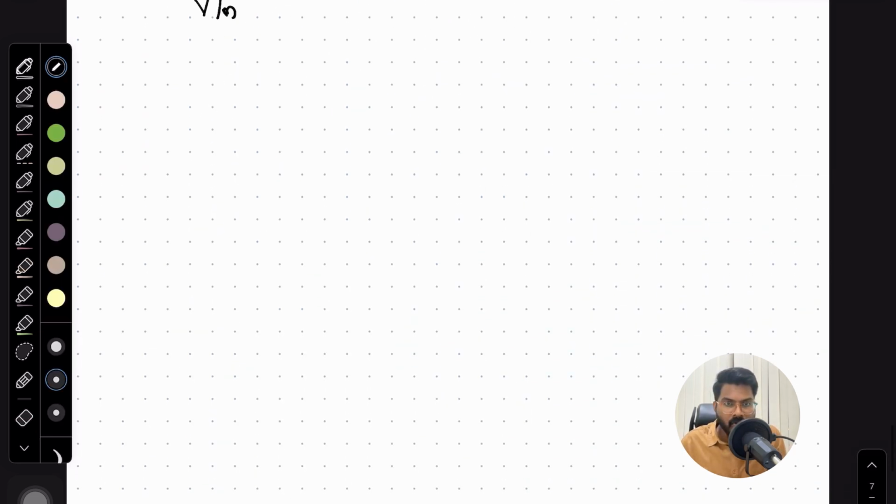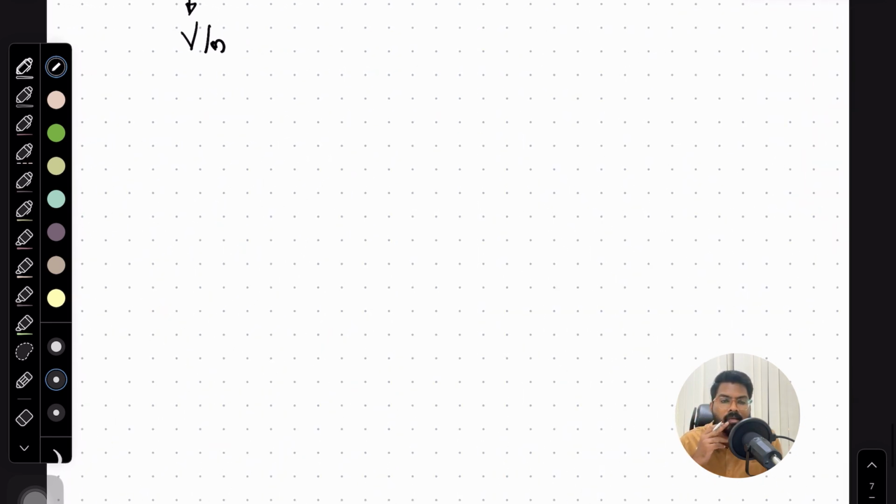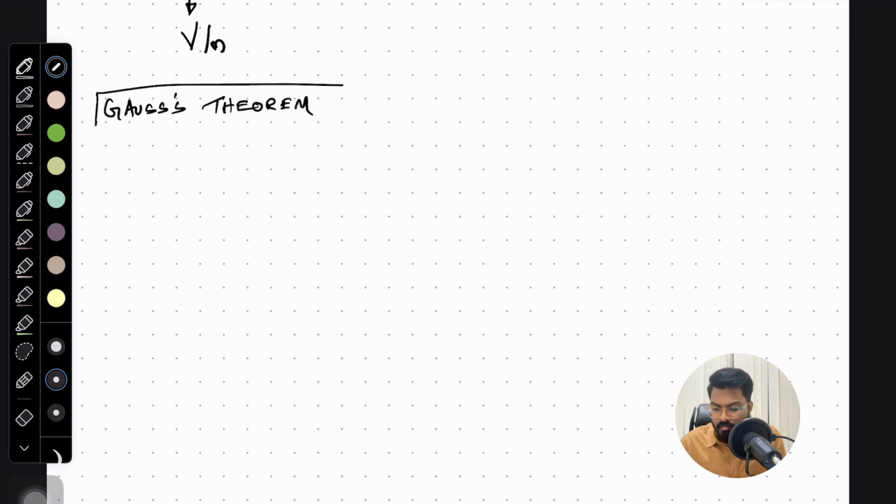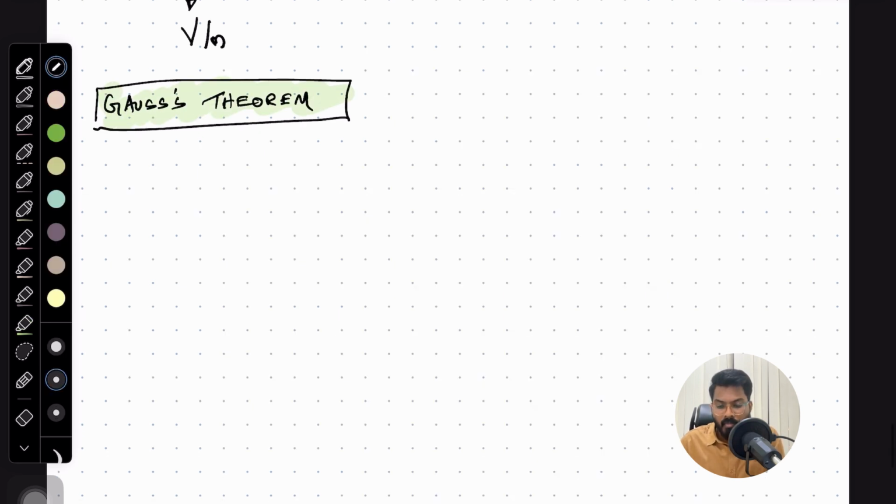Now we have one of the most important ideas in the chapter on electric charges and fields. That is Gauss theorem. Now, what does the Gauss theorem say?